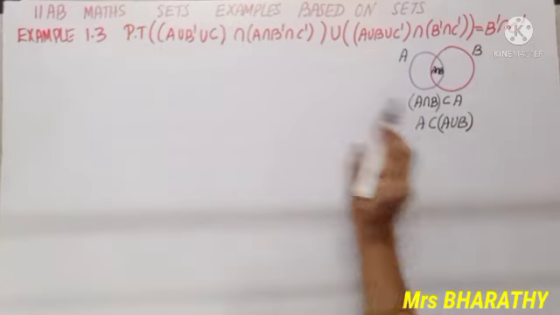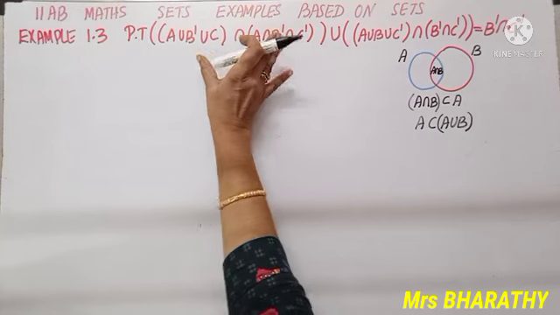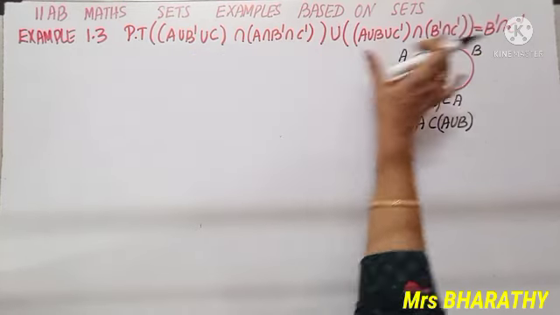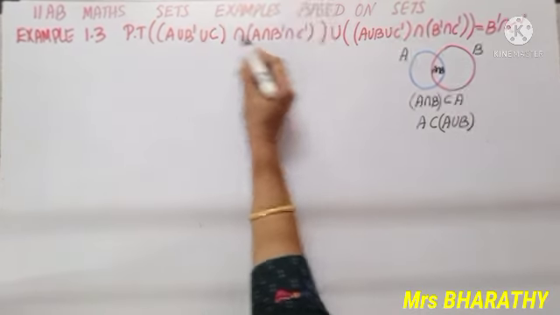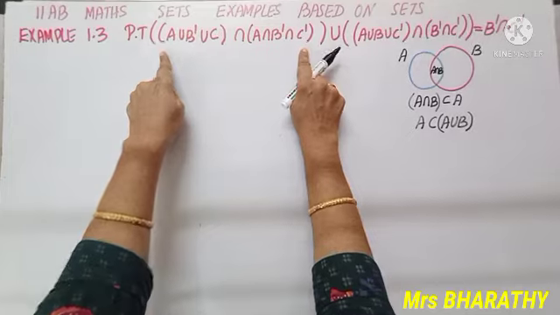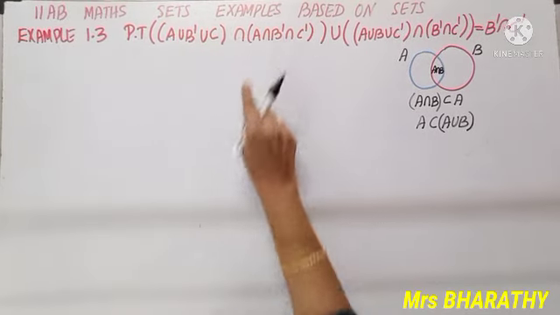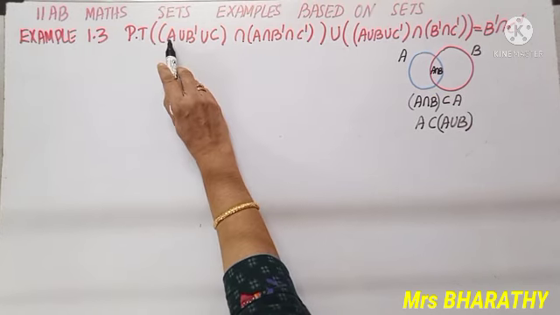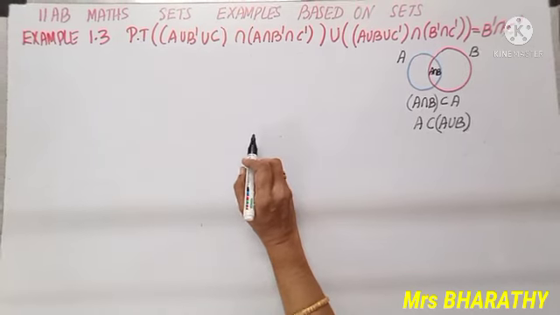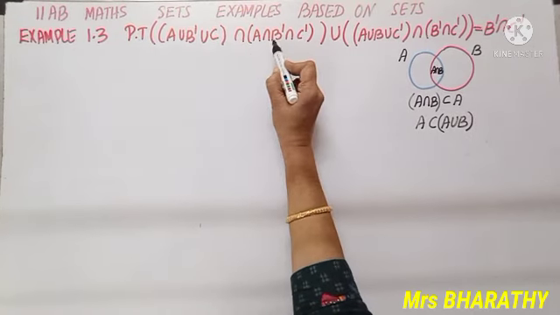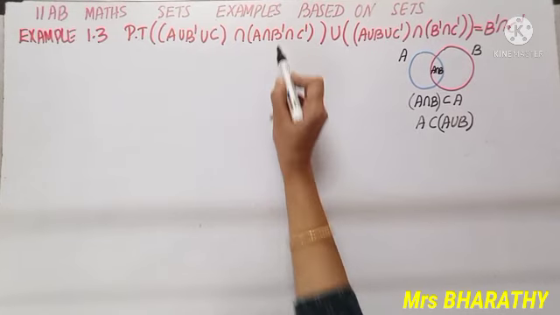How to apply this in this problem? I want to show first set union second set. Let me take this alone. This is the first set to concentrate on. In this, which is the common letter? A. So A is common in both the sets. This set is A intersection something.